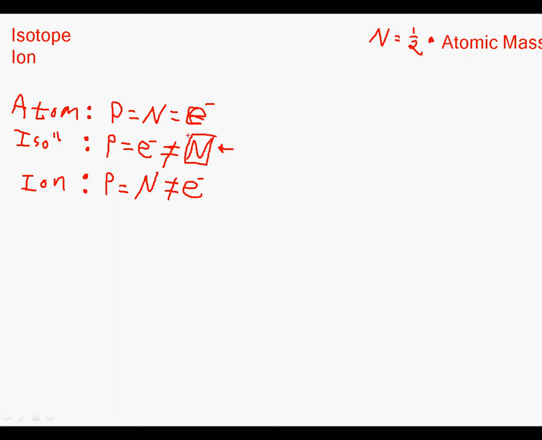So this is going to have a strange mass in a sense, or you wouldn't be able to tell what the mass is, and you'll see what I'm talking about. The best way to look at this is with examples. So let's go ahead and pull out a couple examples.